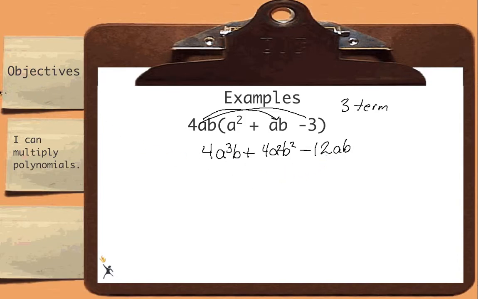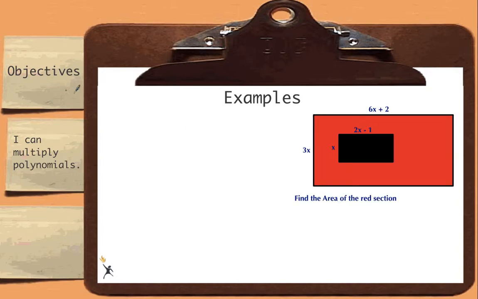And that's how you multiply a monomial times a polynomial. Now I've got one more example I wanted to show you so you can be ready for our lesson the next day. Let's take a look at what this might look like with a geometric example. You have 2 monomials times binomials because we're working with area. So now I'm asking you, if I have this figure here, how would I figure out the area of the red section?